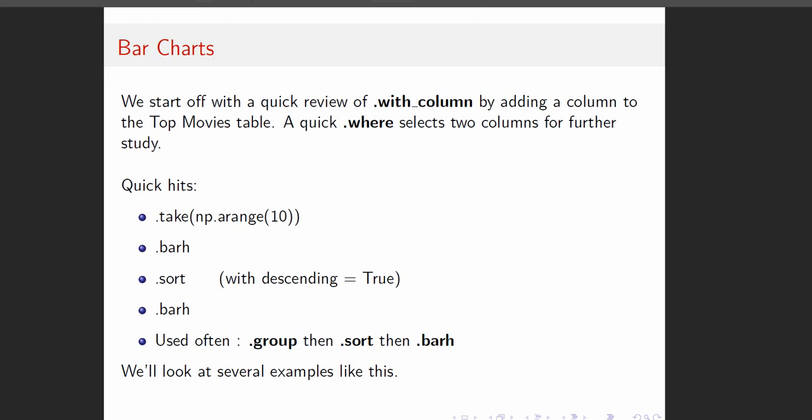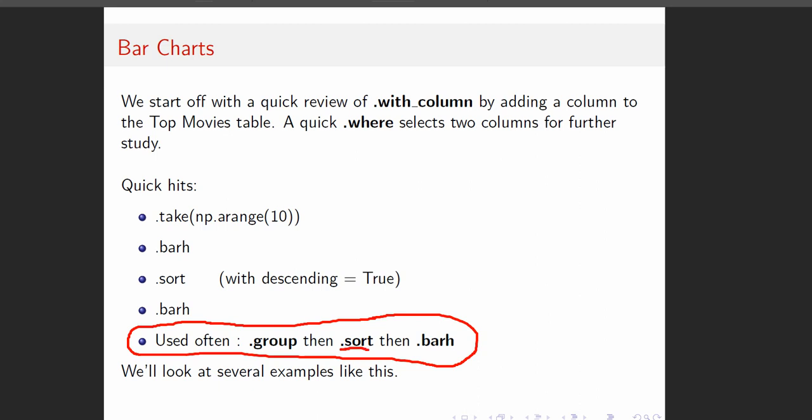Okay, so I just want to point this out that we use this a lot, where we do a dot group and then we sort based on the count or some statistic, right? It might be the average we want to sort, and so we can see the highest grossing movies or the highest grossing average group of movies. And then when we do the barh, this is called a Pareto chart.